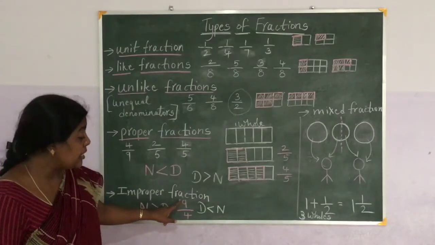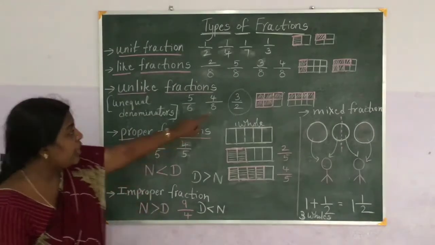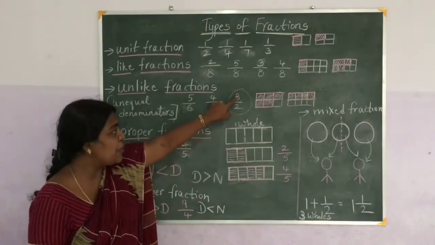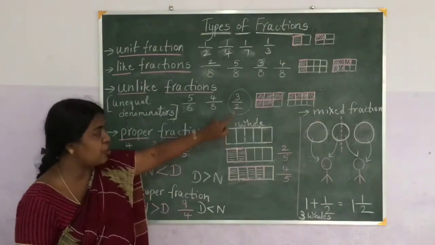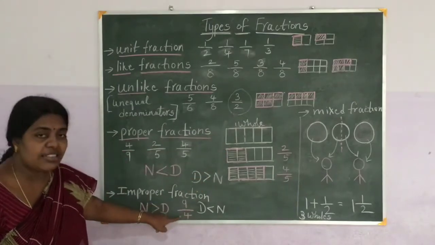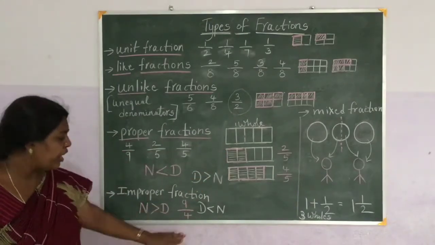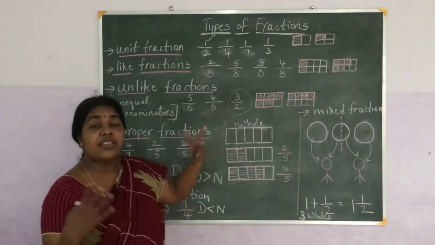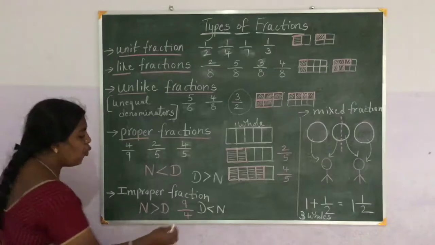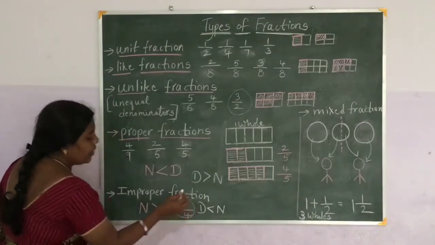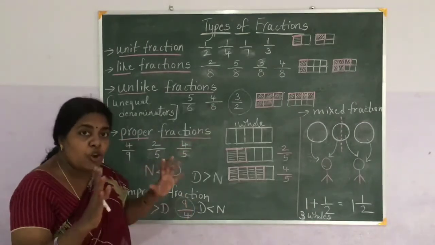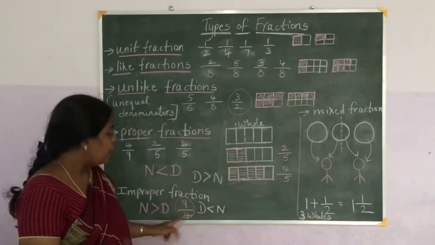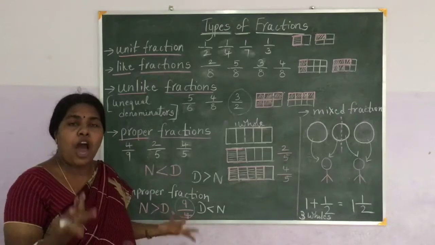Here also I said 3 by 2, where the numerator is greater than the denominator. Four equal parts and eating 9 is not possible. Two equal parts and eating 3 is not possible. So what is this? We will see. These are not possible, because 2 equal parts and 3, how? 4 equal parts taking 9, how?